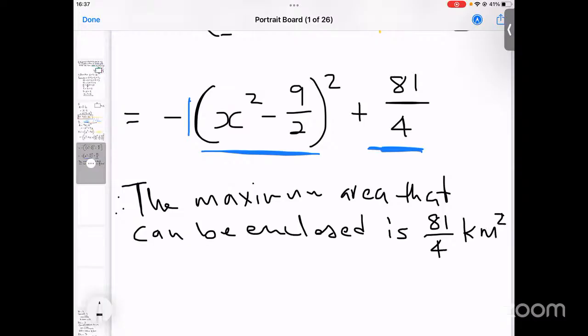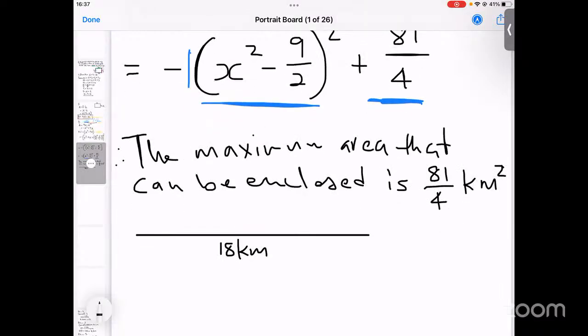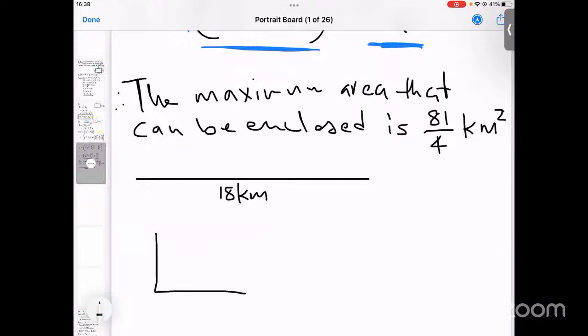As a decimal, what is that? Let's see. 81 divided by 4, 20,25. So that means that fencing of 18 kilometers long can create a maximum area of 20,25 kilometer squared.